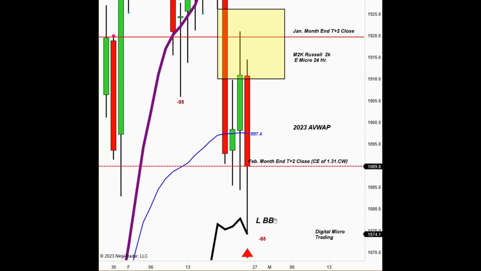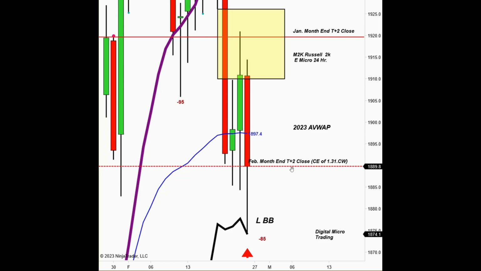The other thing to note is last Friday's tag of the lower Bollinger Bands. So that's a big deal. Even though the MES S&P 500s have been doing that for the last 4 sessions, this is the first tag of the lower Bollinger Band in a while. So I'm going to be watching what we do Monday on the large time frame on this level.